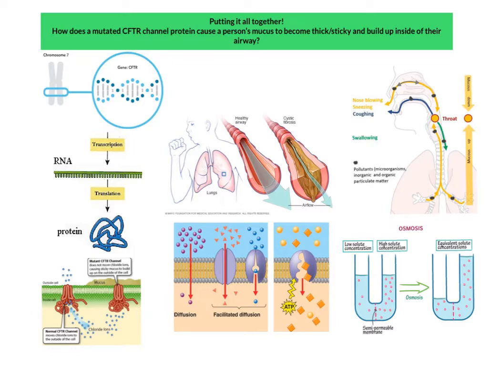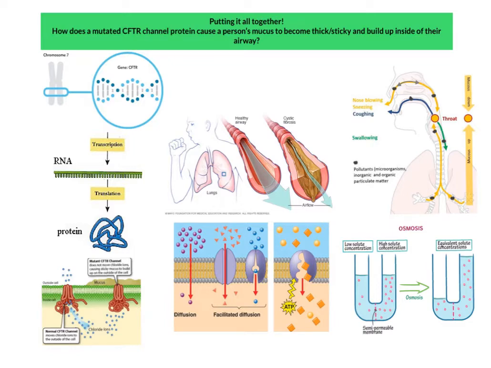So the question that we are trying to answer here is, how does a mutated CFTR channel protein cause a person's mucus to become thick and sticky and build up inside of their airway? Remember, we started this whole thing by me telling you about this autosomal recessive genetic disease called cystic fibrosis, which mutates this thing called the CFTR channel protein.